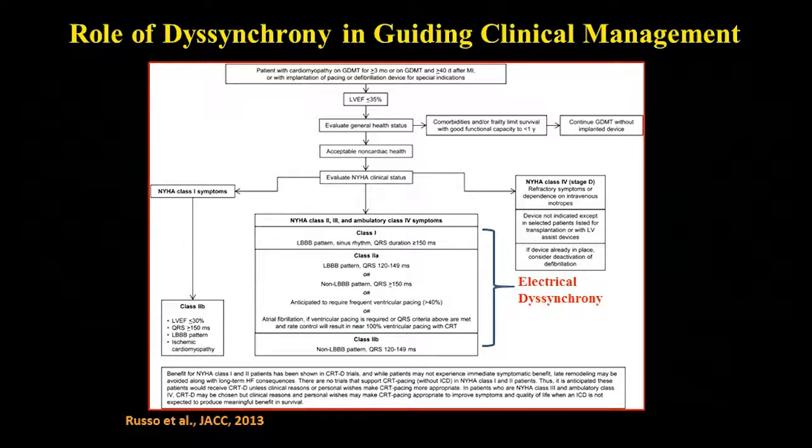So, electrical dysynchrony features in evaluating patients' appropriateness for CRT implantation, but mechanical dysynchrony really doesn't, even though prior observational studies have shown that mechanical dysynchrony is an important predictor of response to CRT and improvement in function, and implanting biventricular pacemakers in patients who don't have mechanical dysynchrony can be harmful.